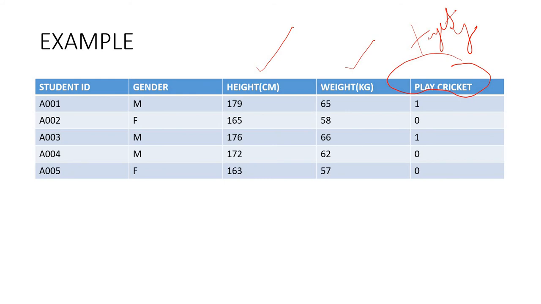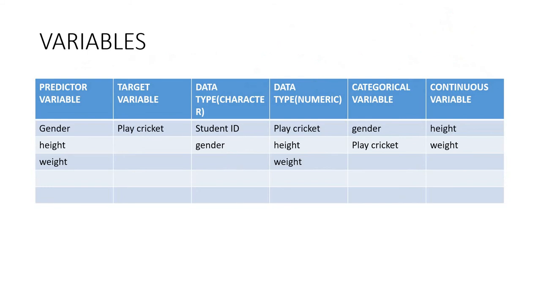How will we come up with our variables in this example? You have student ID, gender, height and weight. These are all the input data, and the output is whether the student will play cricket or not. The predictor variable means the input variable, or the independent variable.